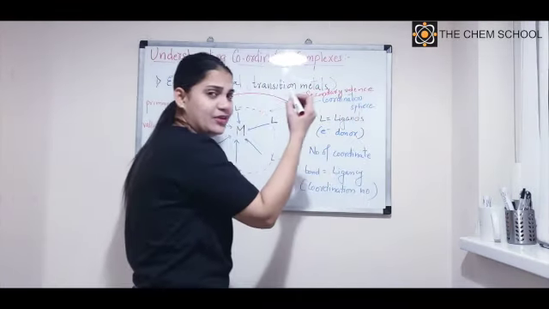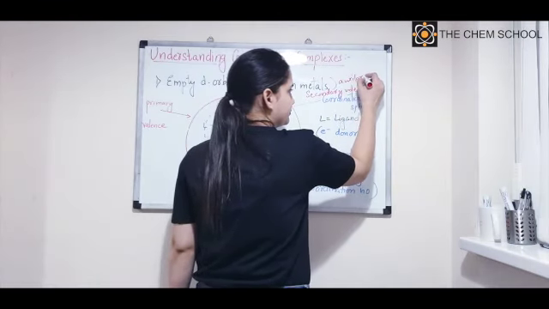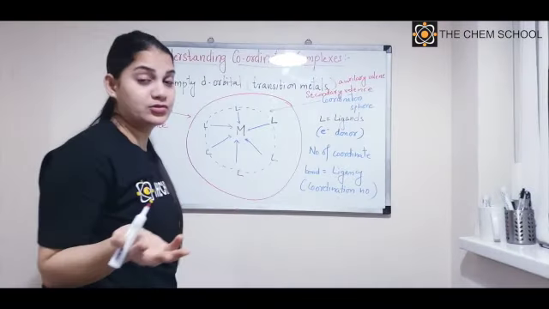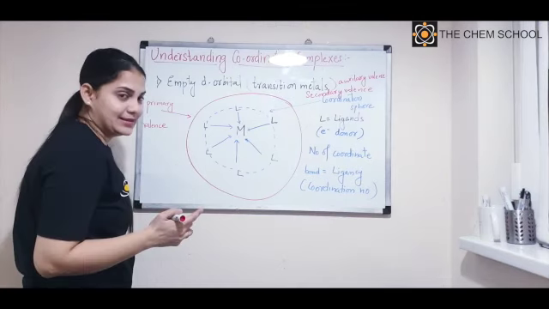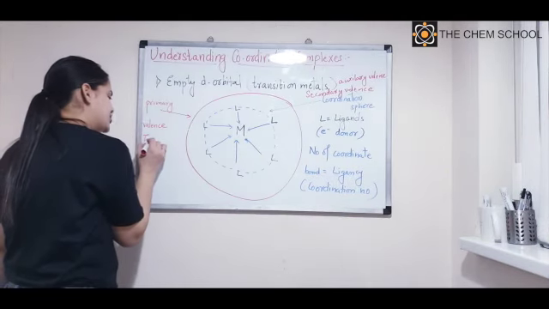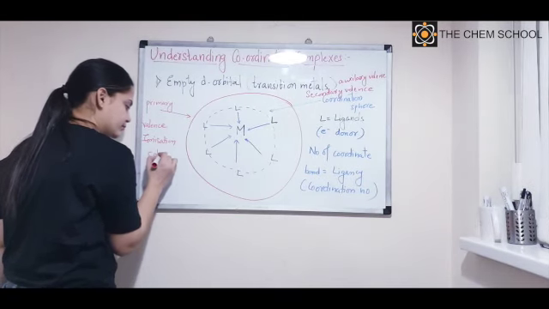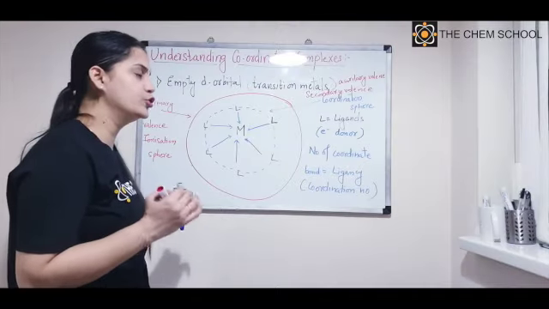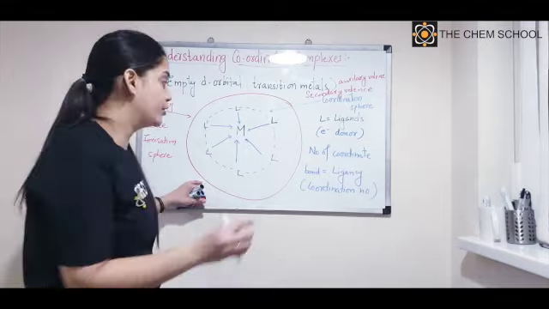The coordination sphere has another name, which is auxiliary valence. The primary valence can also be called the ionization sphere. Why ionization sphere? Because most of the time, the primary valence decides the oxidation number of the metal.